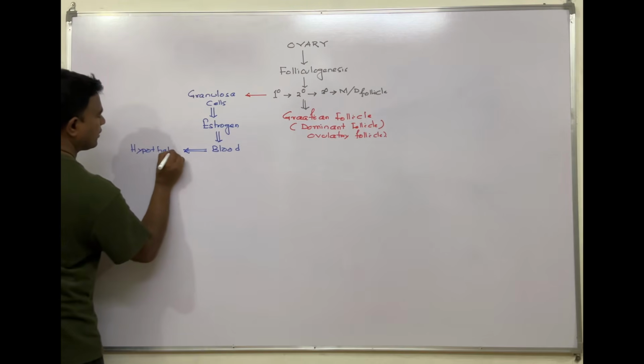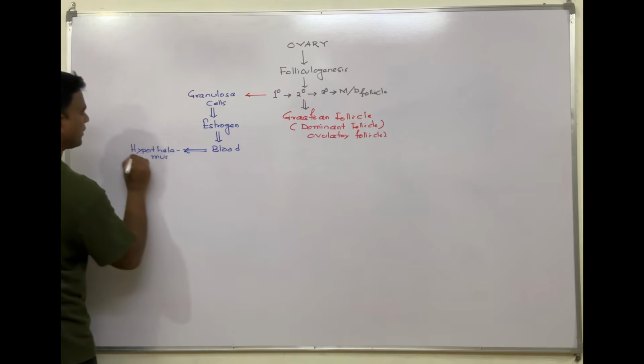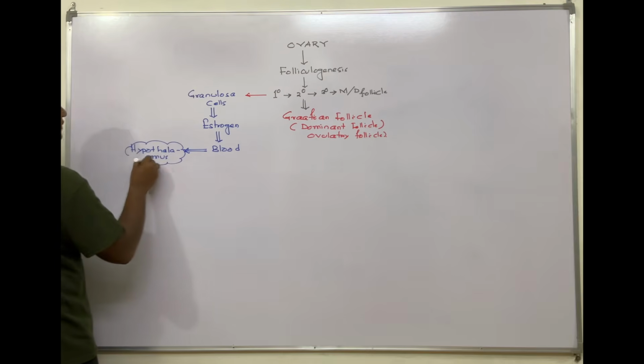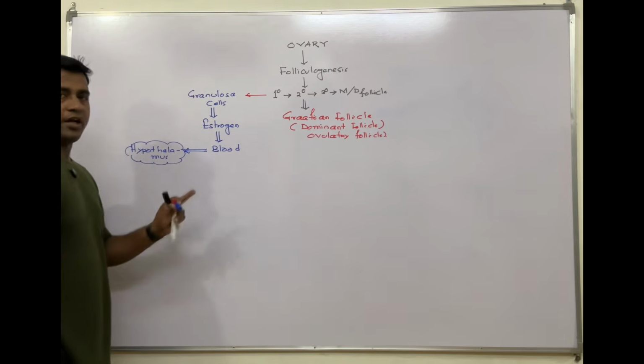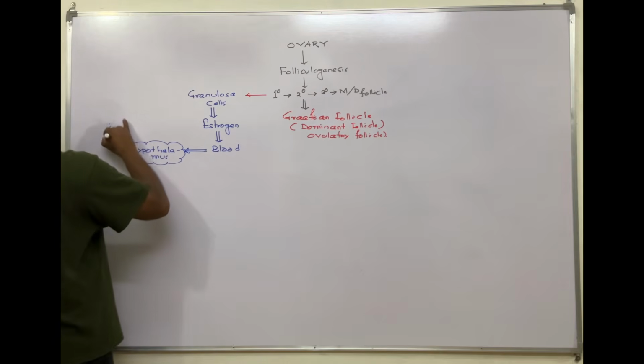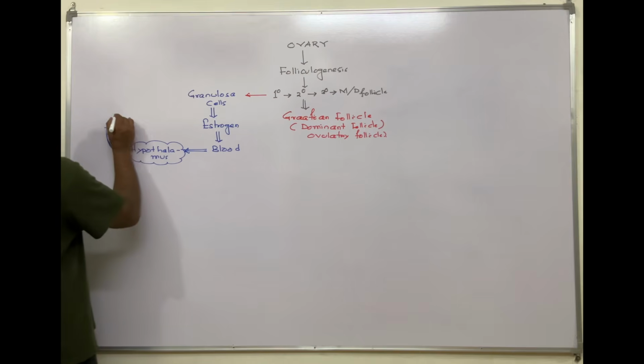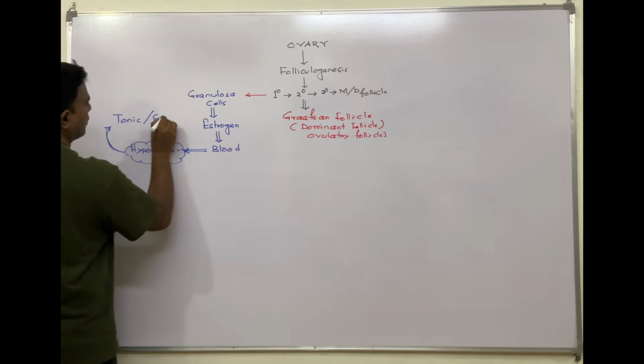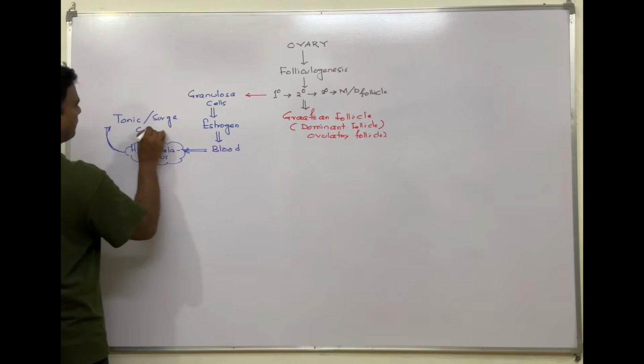Please visit the lecture which I have taken on the gonadotropins and their regulation. There I have detailed it. From the hypothalamus, it acts on the tonic or the surge center.